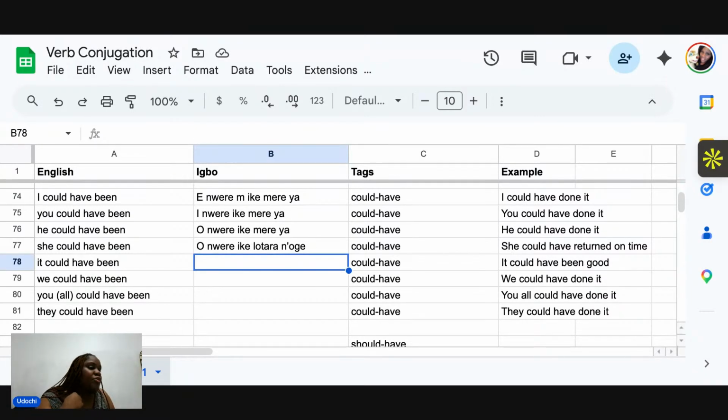Now I'm looking for an Igbo textbook, an Igbo linguistics manual. Hold on, let me see if I can find it.